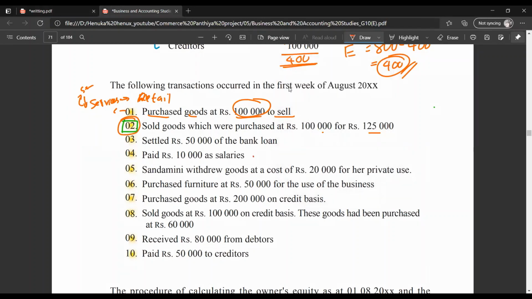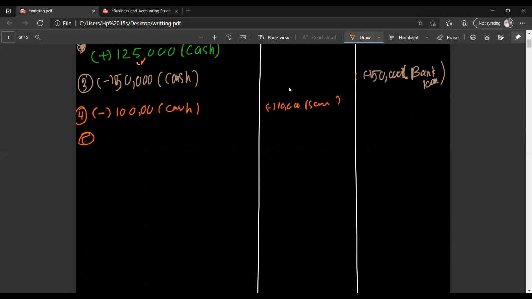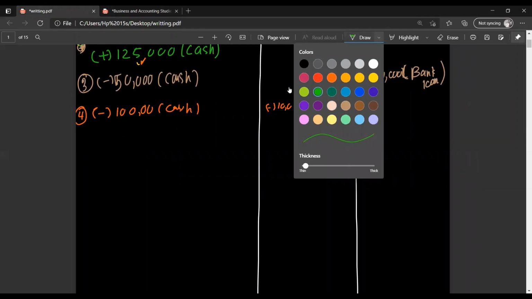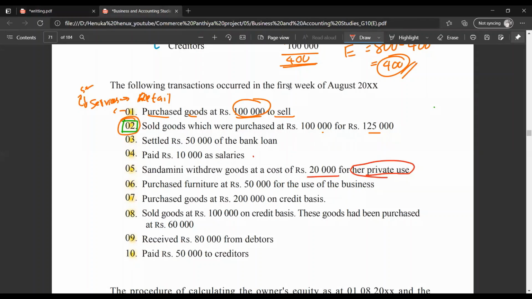Sandamini withdrew goods at a cost of 20,000 for her private use. Because of withdrawals, our equity would be decreased. But here she has taken not cash but goods. So it is also easy. How much?